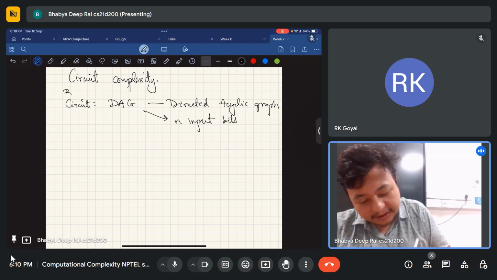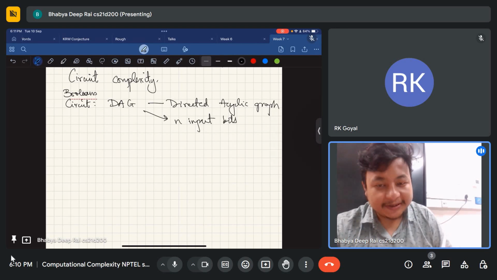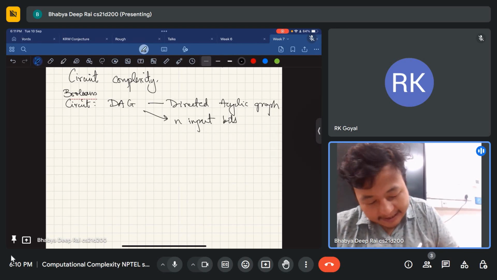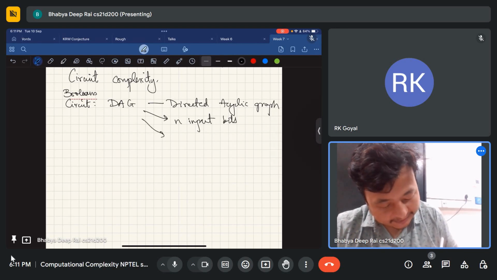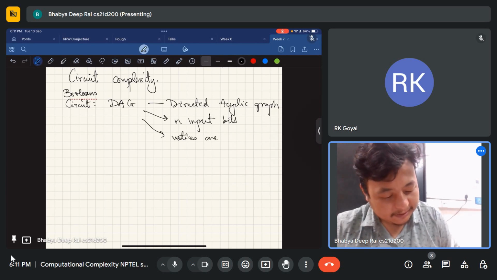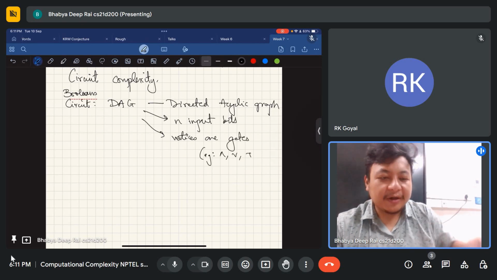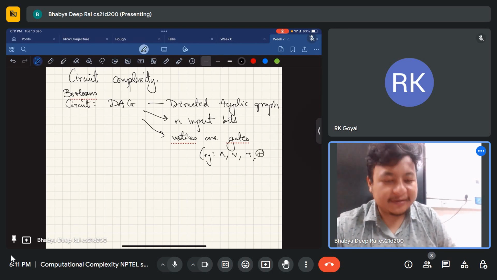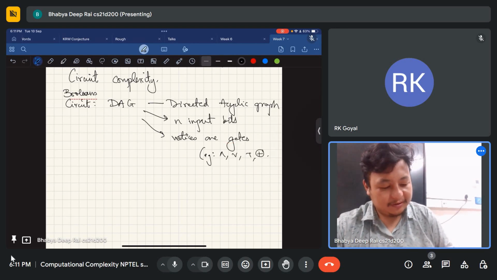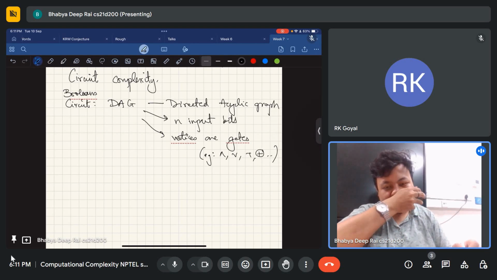So we are talking about a Boolean circuit. There could be other types of circuits, but we are talking about n input bits, and vertices are gates, for example AND, OR, NOT. You could have other types of gates also, let's say XOR and so on.